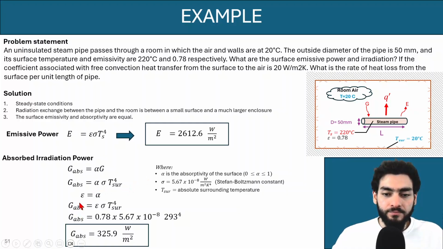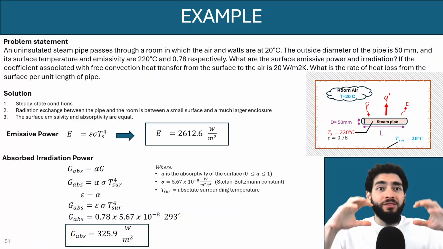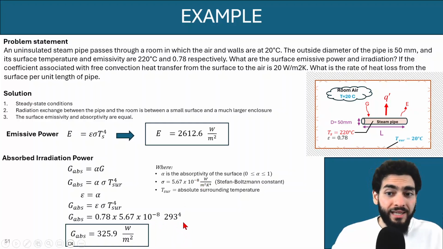So in this case, the absorptivity is 0.78, and therefore the absorbed irradiation power that the steam pipe absorbs from the radiation of the surrounding is equal to 0.78 multiplied by 5.67 times 10 to the power of negative 8 times 293 Kelvin, which is the temperature of the surrounding walls.